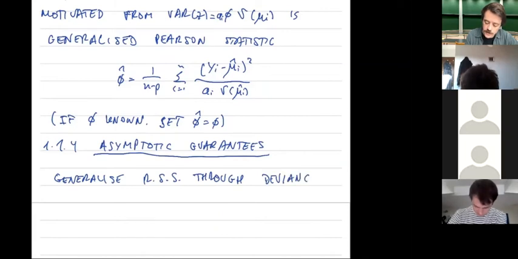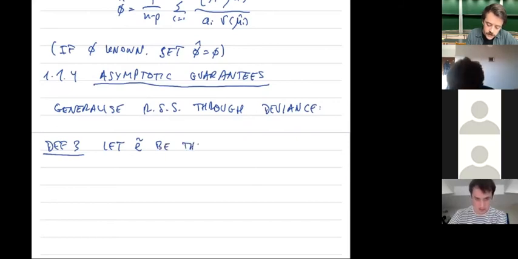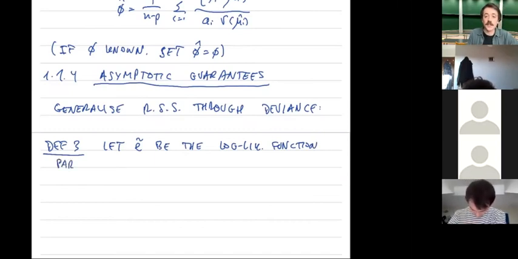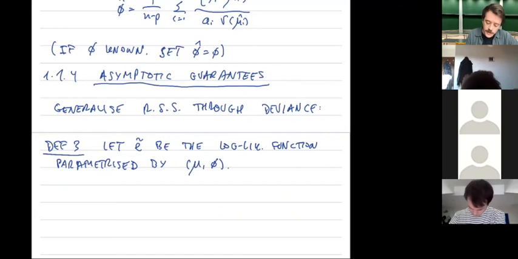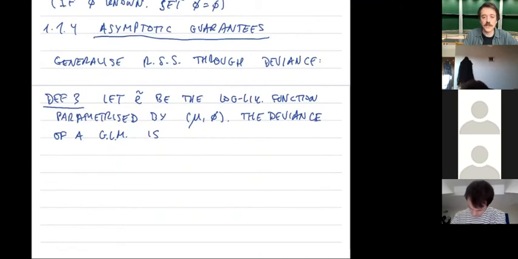Okay, so let me define this. What is the deviance? Definition 3. Let L tilde be the log likelihood function, but now parameterized by mu and phi rather than by theta and phi. Then the deviance of a GLM is given by this quantity here.